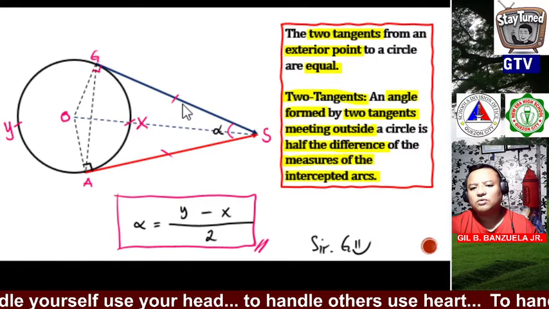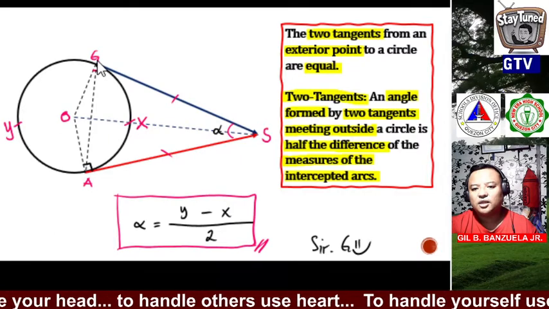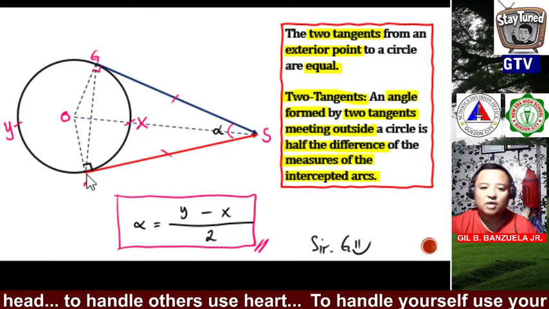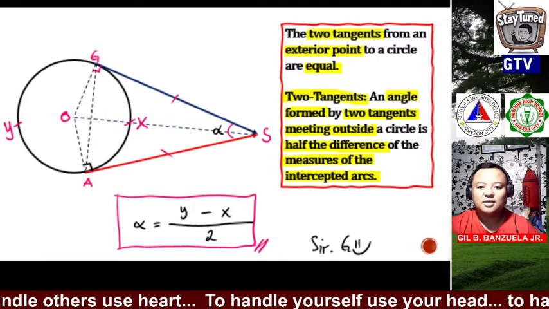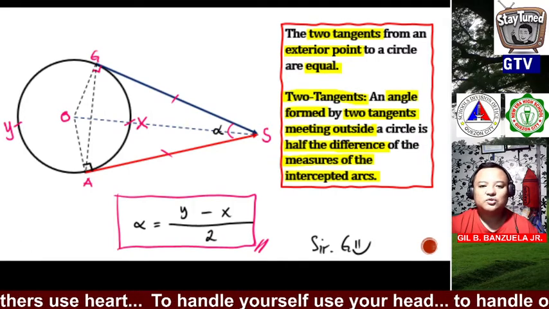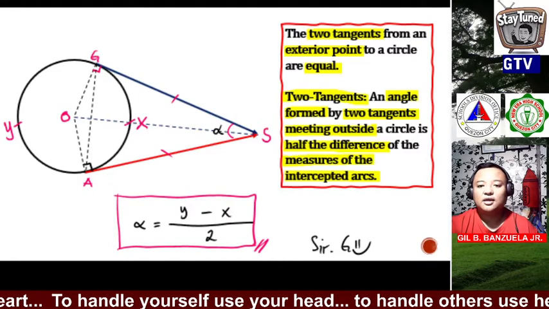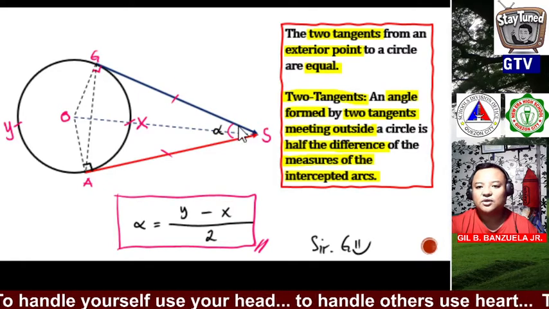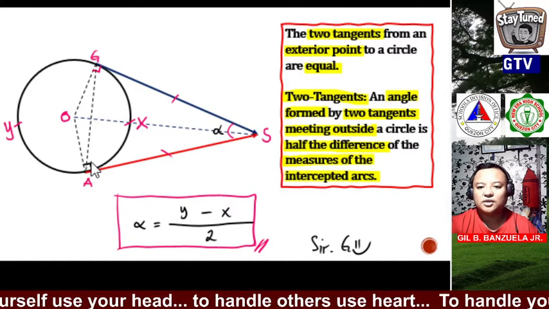Kung equal yung dalawang leg ng ating triangle, at i-connect yung point G to point A, makakagawa ko ng isang isosceles triangle. Di ba? Sabi nga, at least two sides are equal, yun ay isosceles triangle. At kung isosceles triangle na ito, therefore, yung base angle natin are equal based on the definition.